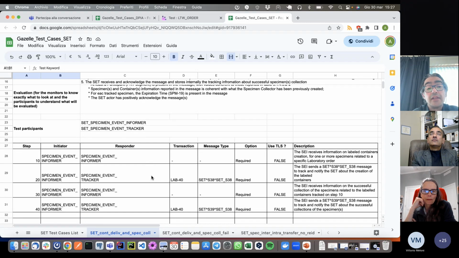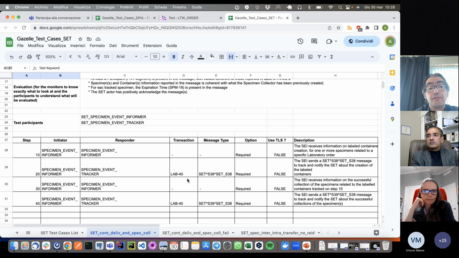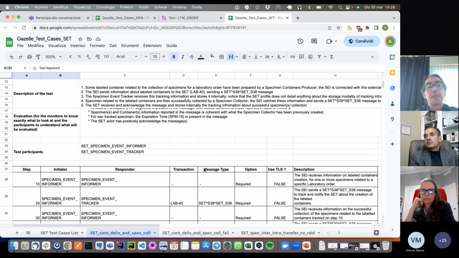And then there is the same transaction, which is always the LAB-40, but according to the different kind of event to be tracked, we will have also a different kind of HL7 message proposed for that event. So that's it for all the kinds of events.